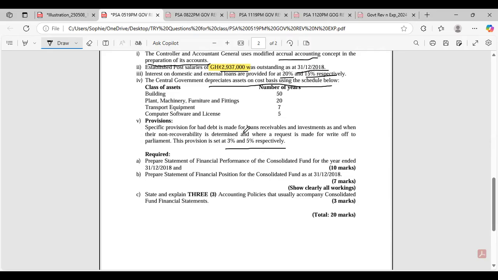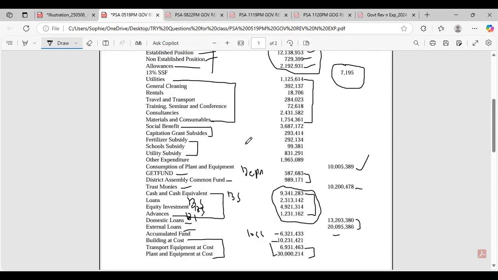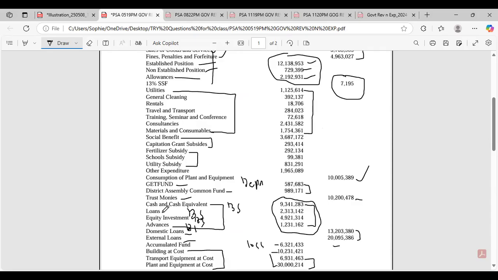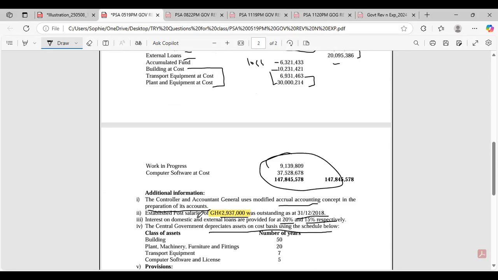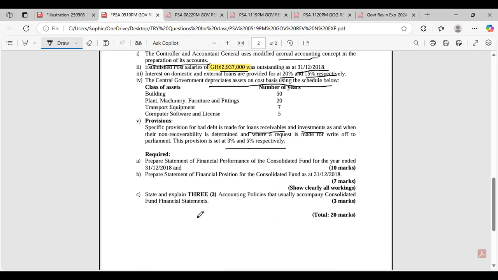Loans receivable and investment. So the 3% is for loans, and the 5% is for investment. When we go to the question, we have loans here. This is a loan receivable from employees to government, so this is an asset. We are going to make a provision for this, then on investment.